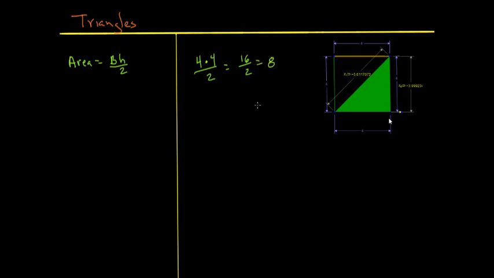But there is another way to solve for area. And like I said, I recommend that whenever you can use the base and the height method, that's what you use. But the other one is called Hero's equation. Hero's equation looks something like this.